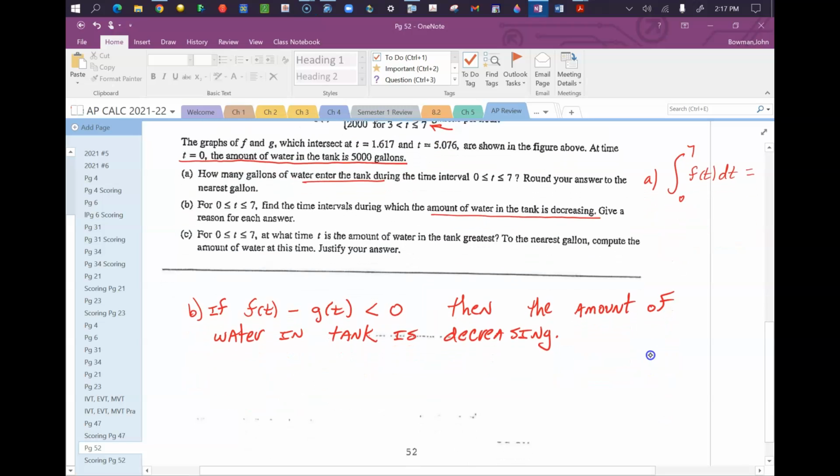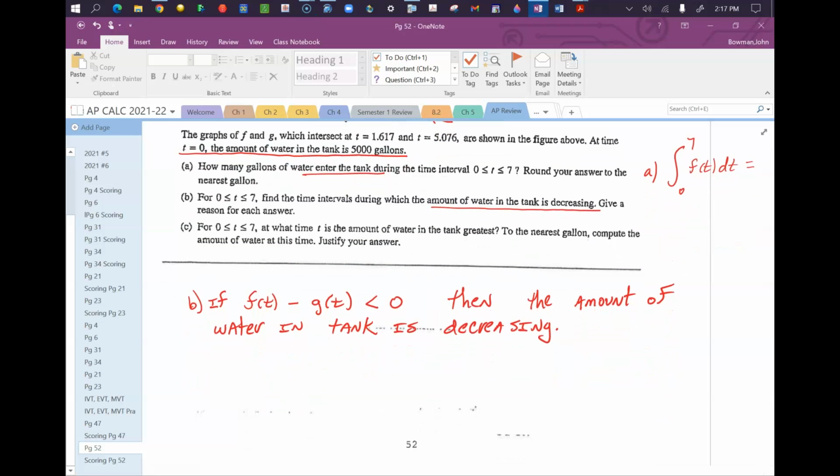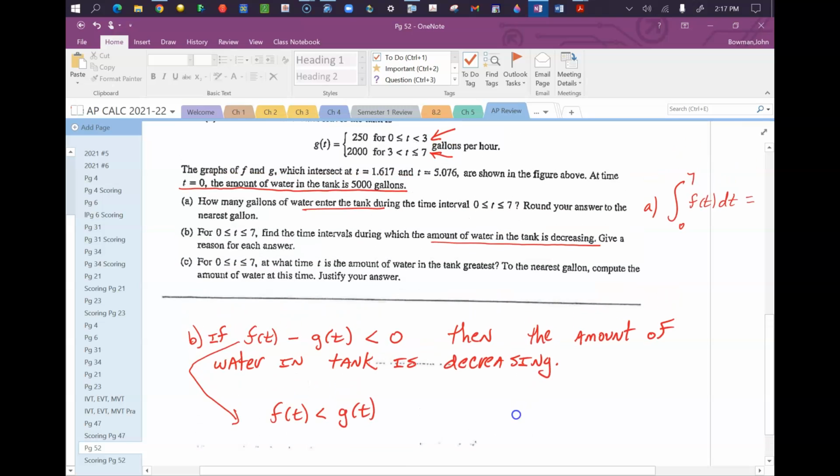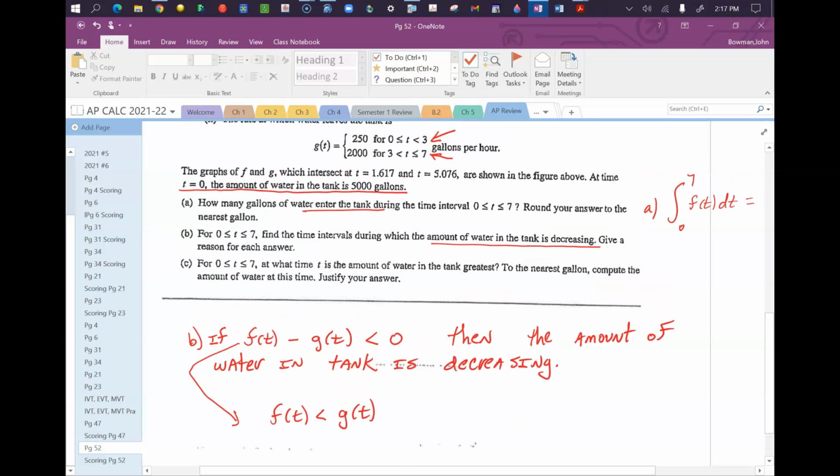Instead of graphing f of t minus g of t and figuring out when that's less than 0, this statement is equivalent to saying f of t is less than g of t. So when f of t is less than 250 for time 0 to 3, or f of t is less than 2,000 for time 3 to 7, that would also be true.